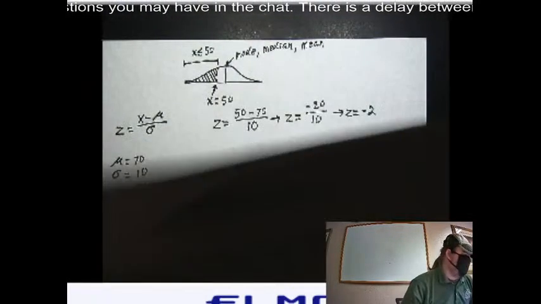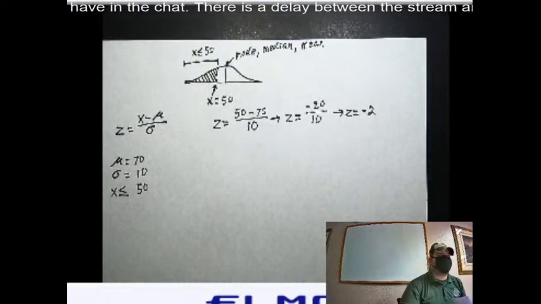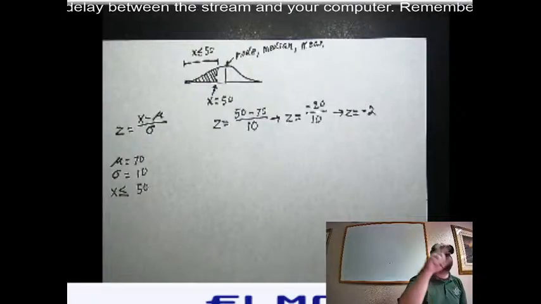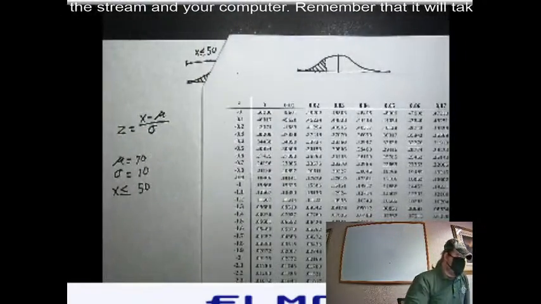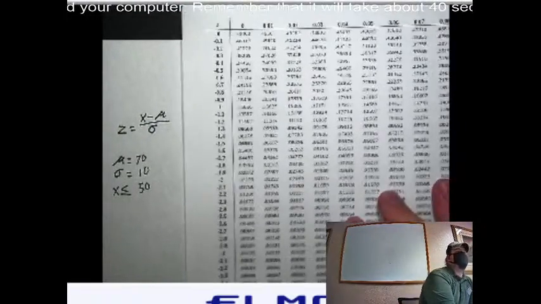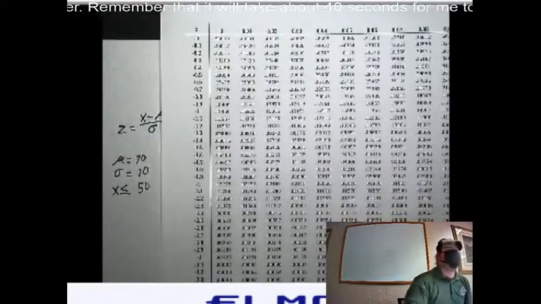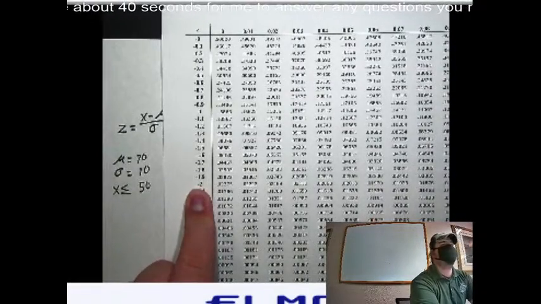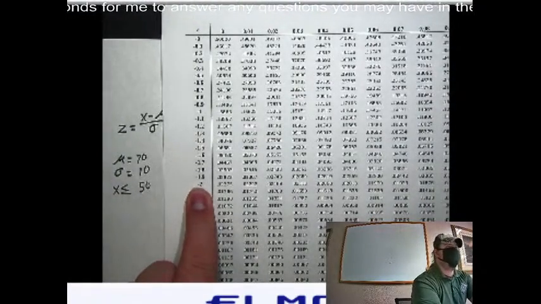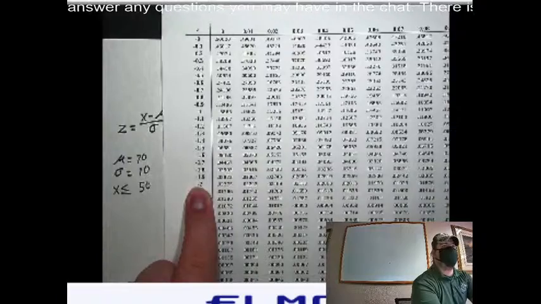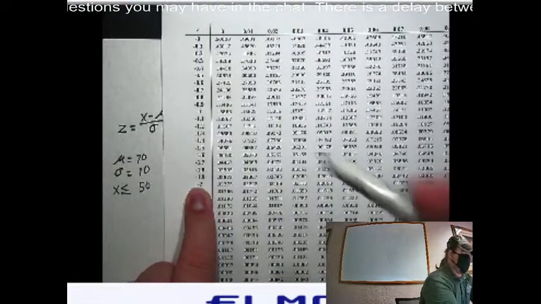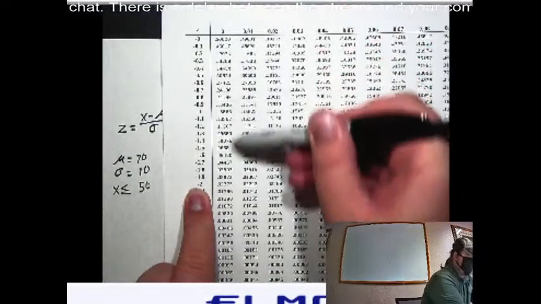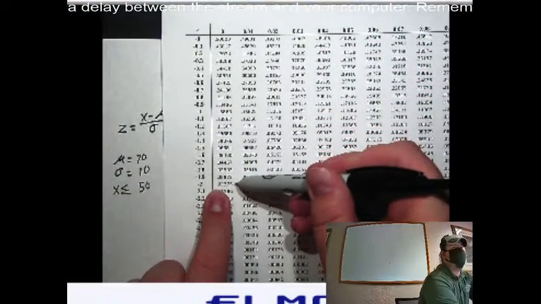So again, look at our negative z-table, and we're looking for 2 exactly, not 2.01 or 0.2 or anything, but 2.0. Okay, so z-table, negative values. We look for that 2 first on this side, and there it is. And then we, again, are looking for 2.0, not 0.1, not 0.2, not 0.3, but 0. So there's our 2.0. And so if we follow that down, we get our probability.